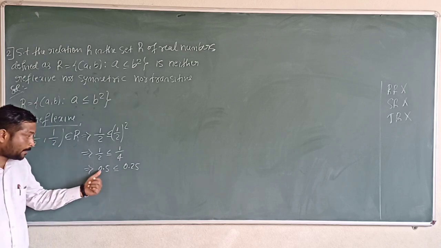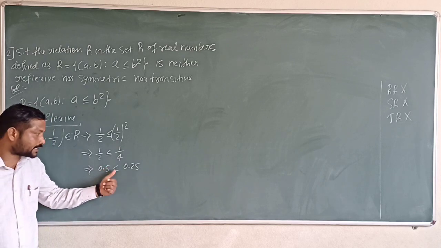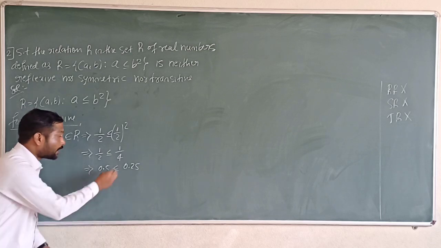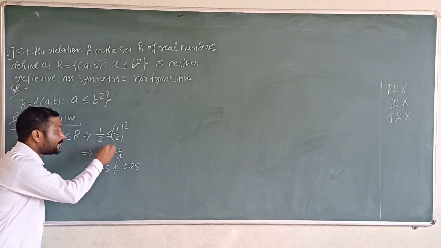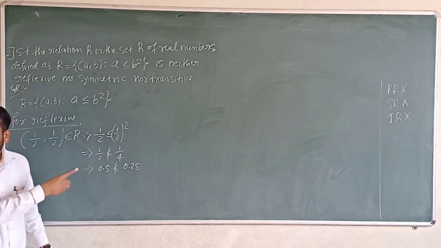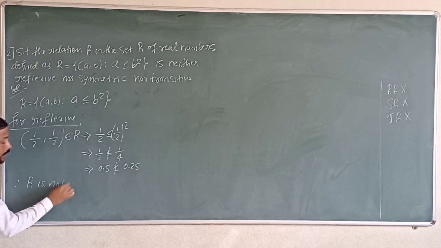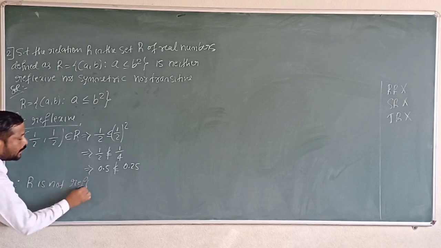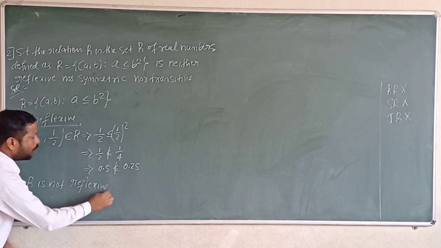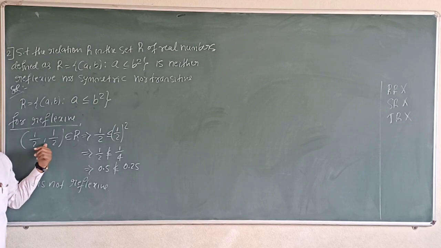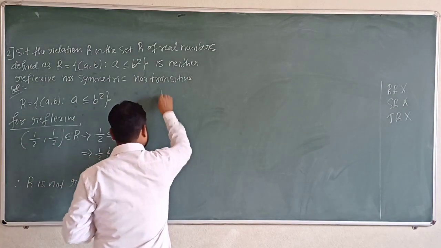Is 0.5 less than or equal to 0.25? It is not less. Meaning the relation is wrong. So therefore R is not reflexive. R is not reflexive for this ordered pair. Right? Then go forward here.